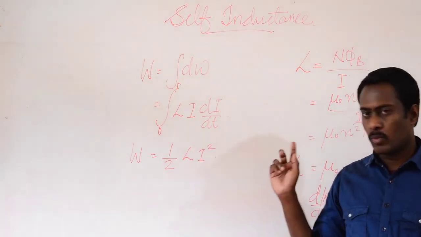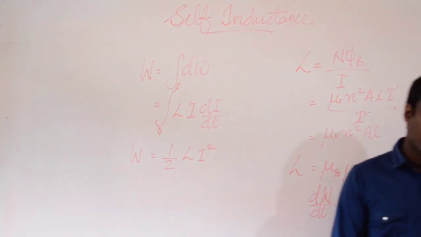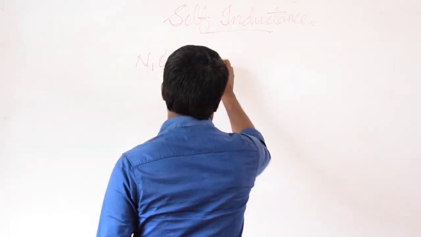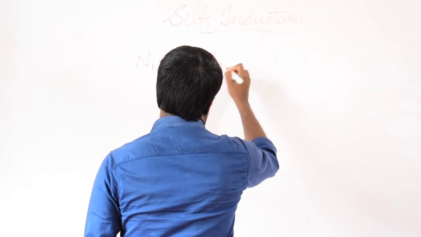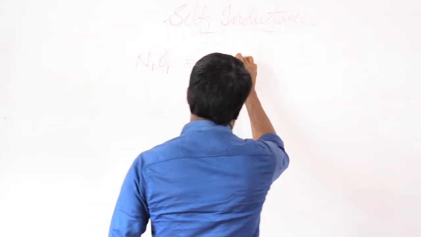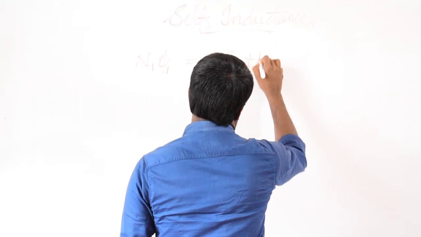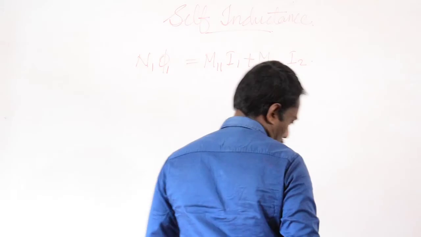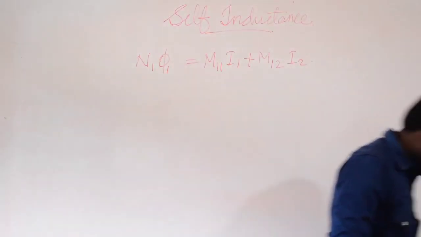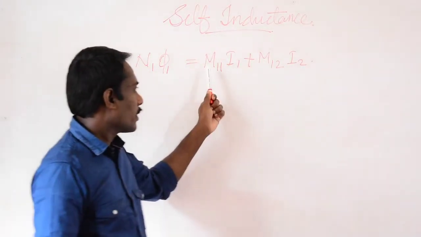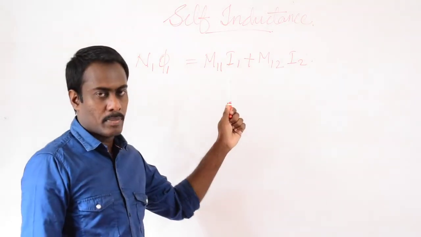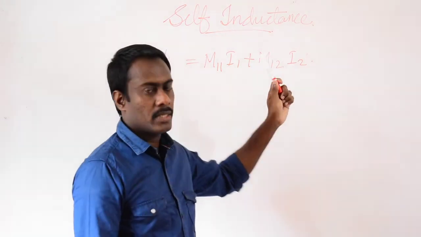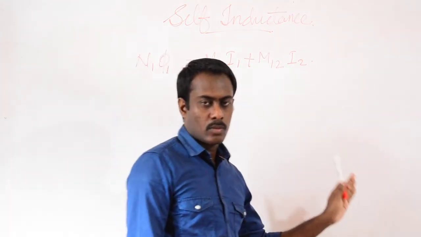The equation can be modified as N1 phi1 equal to M11 I1 plus M12 I2. Here M11 represents the inductance due to the same coil and M12 represents the inductance due to the second coil.